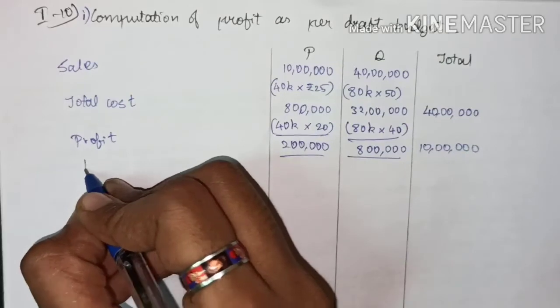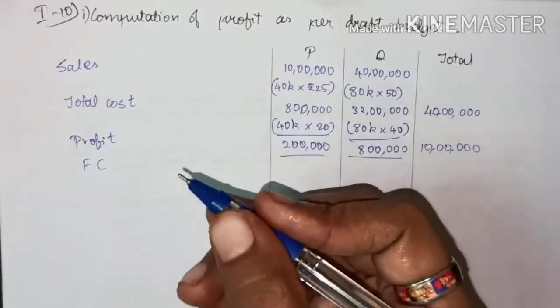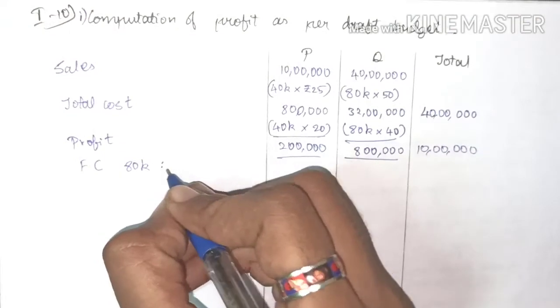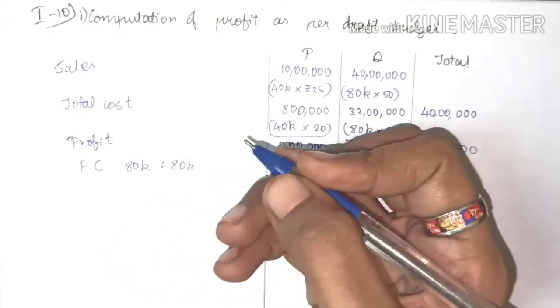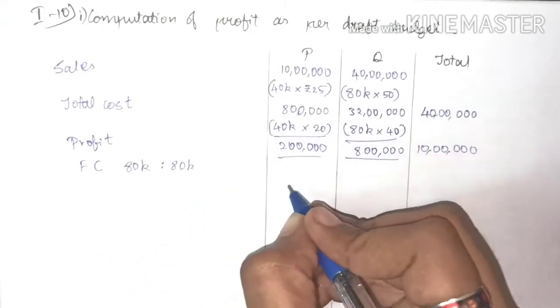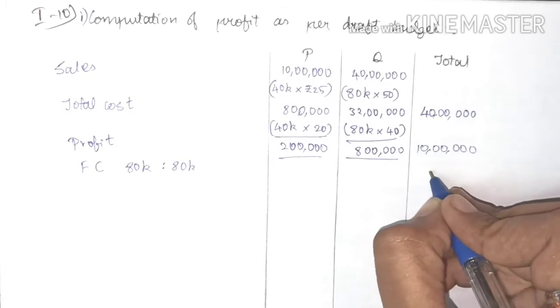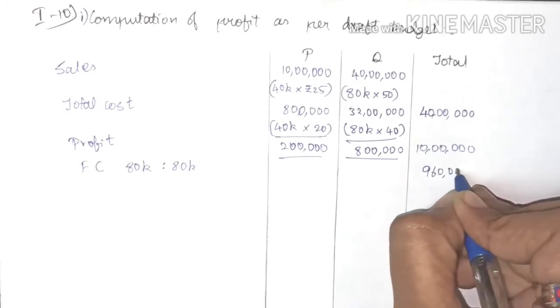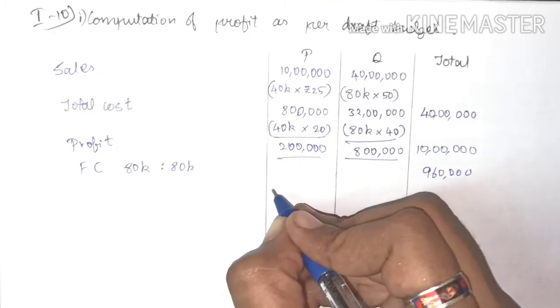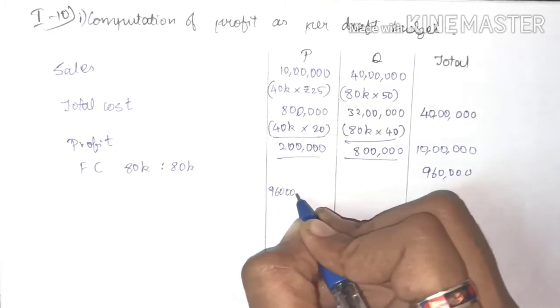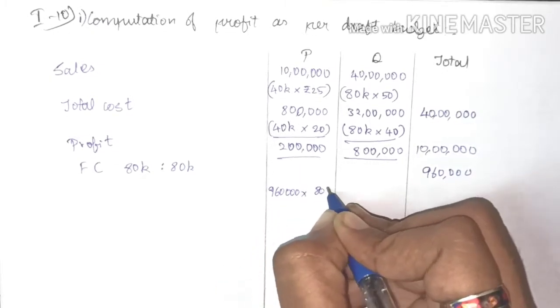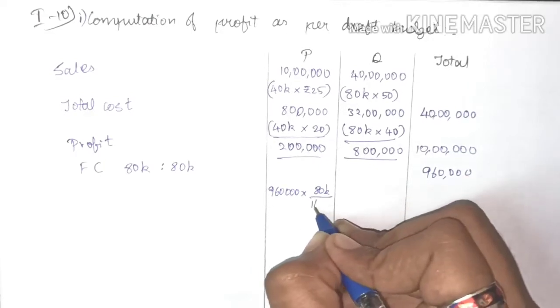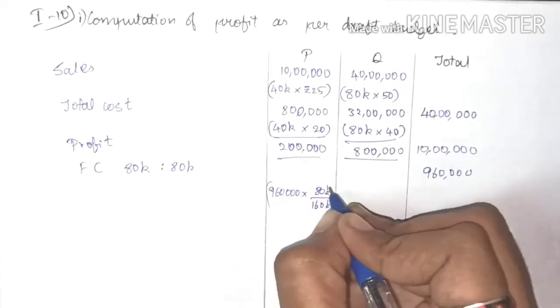Next one is fixed cost. As I told before, 80,000 is to 80,000. This is the ratio. So the total fixed cost is 9,60,000, or 9,60,000 into 80,000 divided by 160,000.